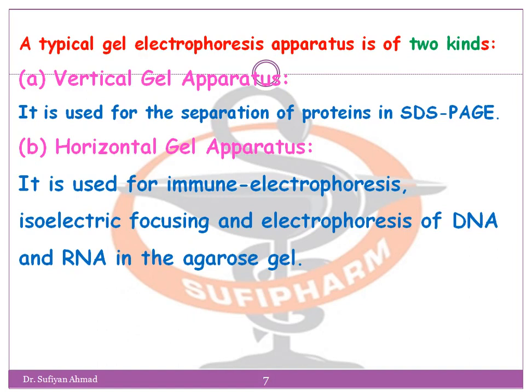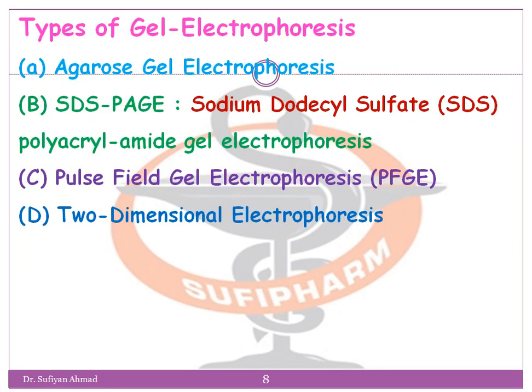So the different types of gel electrophoresis are agarose gel electrophoresis, SDS-PAGE, meaning sodium dodecyl sulfate polyacrylamide gel electrophoresis, pulsed field gel electrophoresis, and two-dimensional electrophoresis.